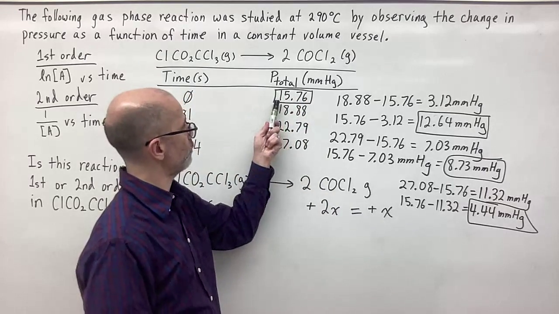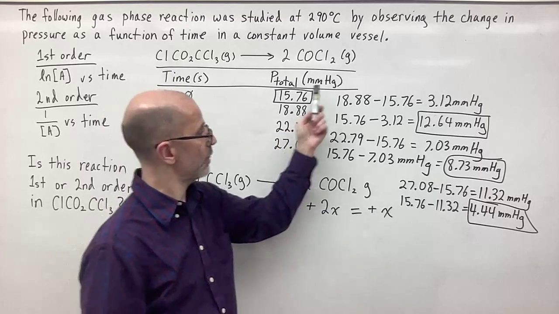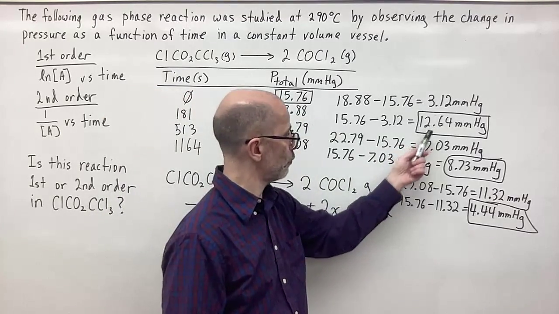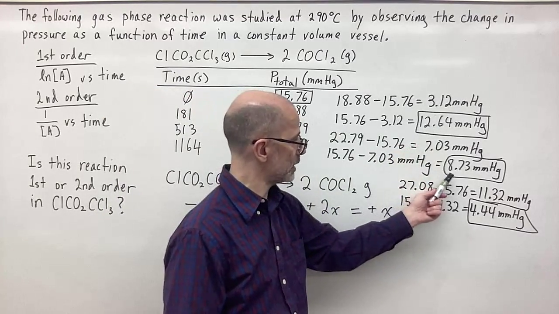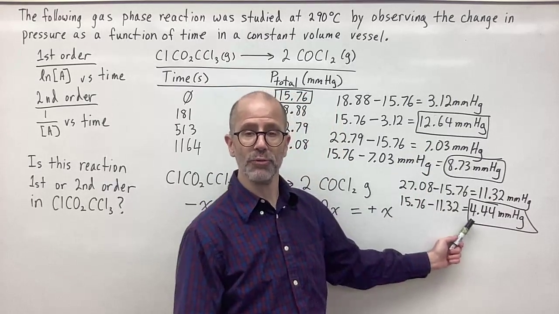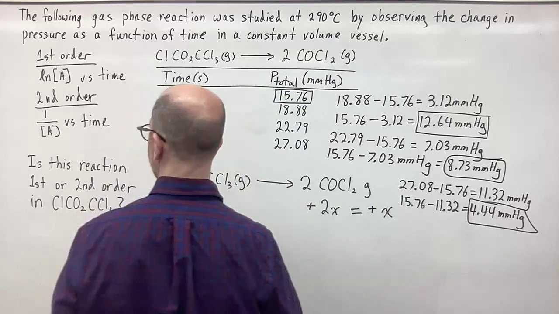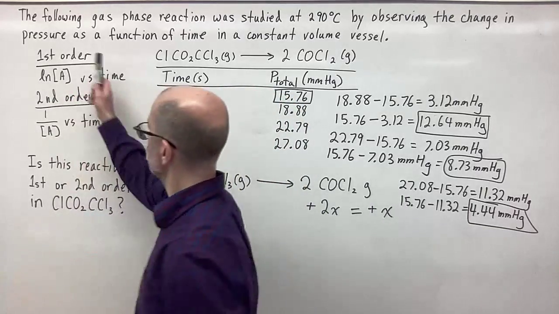It starts off at 15.76 millimeters of mercury, and then it goes down to 12.64, and then down to 8.73, and then down to 4.44.